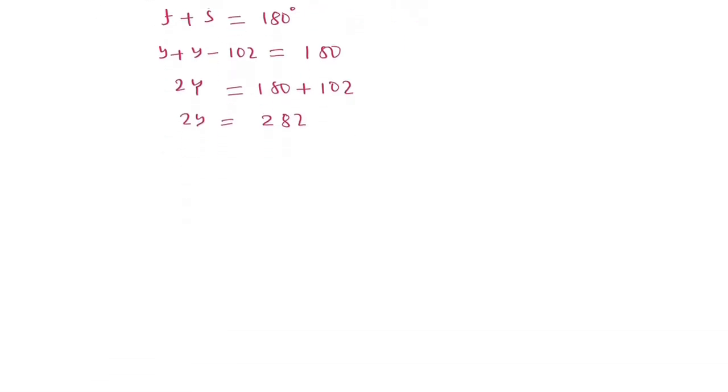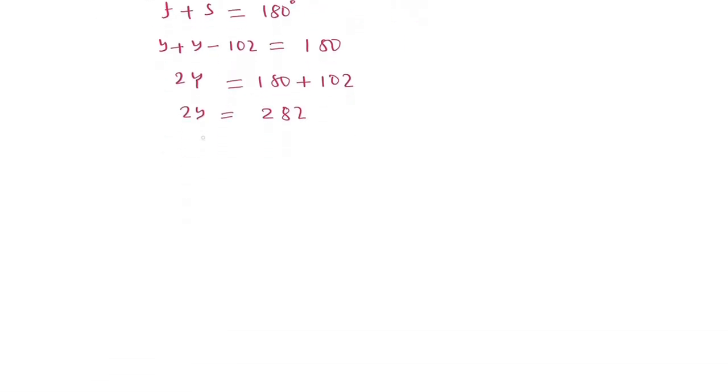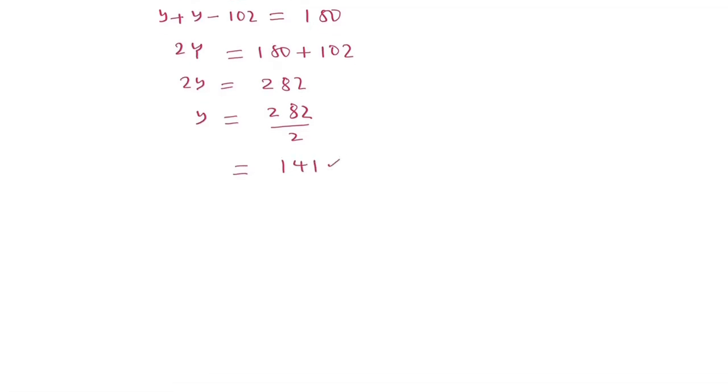Okay, so now let us divide by 2 both sides. Then we are going to have y equals 282 over 2, of which solving this, we are having 141. So this is the value of our first angle.